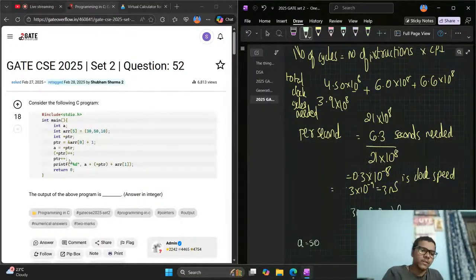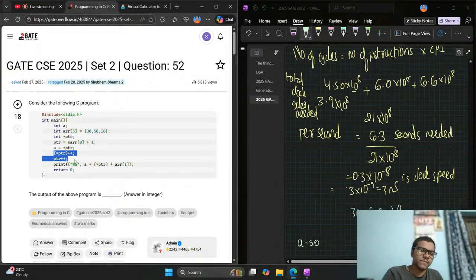Okay, you need to know the difference between these two. Okay, pointer is storing the value, right? So pointer gives 11.